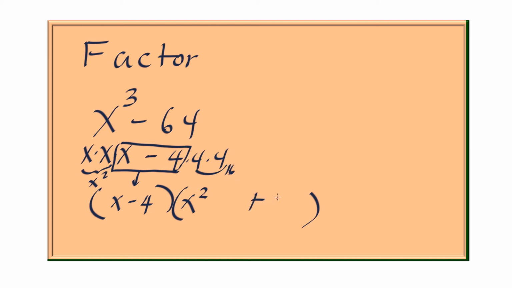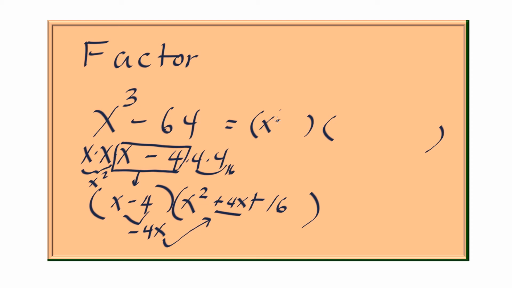Now for the middle term, we multiply negative 4 and x. It's going to give you negative 4x, but you need to switch the sign and make it positive 4x. And that's it. Our factors for our difference of cubes are x minus 4 times x squared plus 4x plus 16. Again, you can FOIL this out or multiply these two factors to check. It should equal x cubed minus 64.